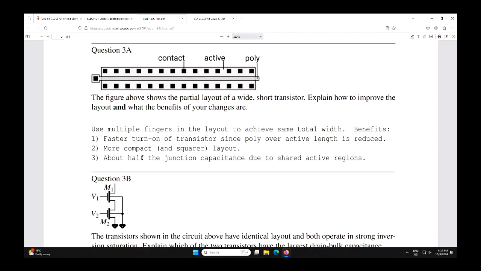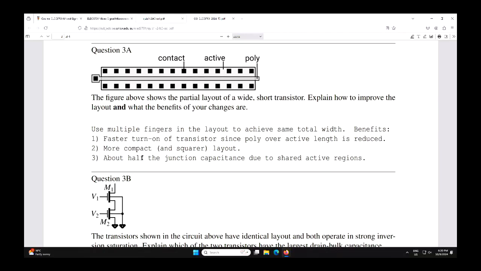We're going to have a smaller layout area because all the drains and sources can be shared, so we get a significant reduction in area, and that also gives a significant reduction in the capacitance on the drain as well. The drain bulk capacitance, or gate bulk capacitance, is going to be halved.